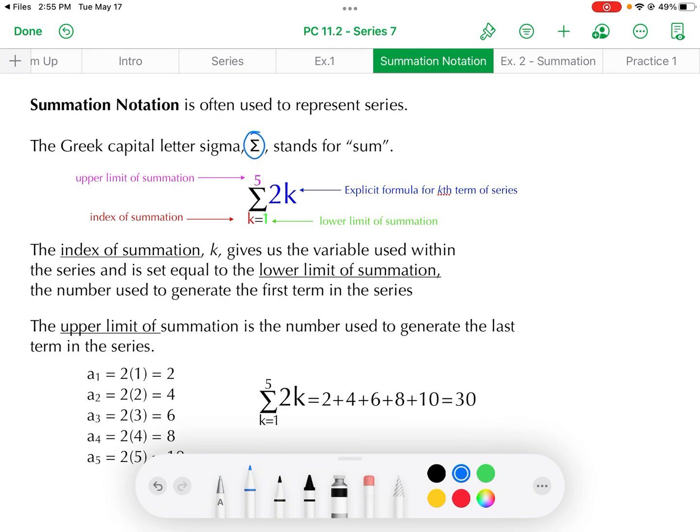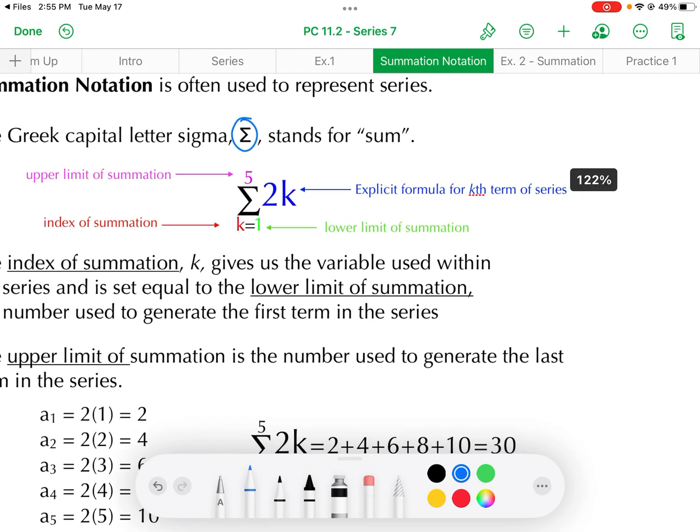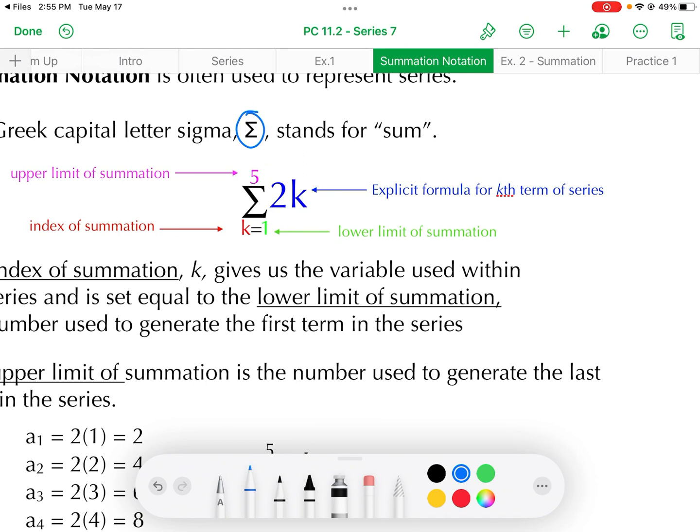Now there's going to be three parts to this notation. Underneath the sigma, in red, you have a variable k, known as the index of summation, and that is set equal to a number, in this case 1, known as the lower limit of summation. All that does is tell you what's the first number that you're going to plug in for k in the explicit formula, which is represented in blue, 2k.